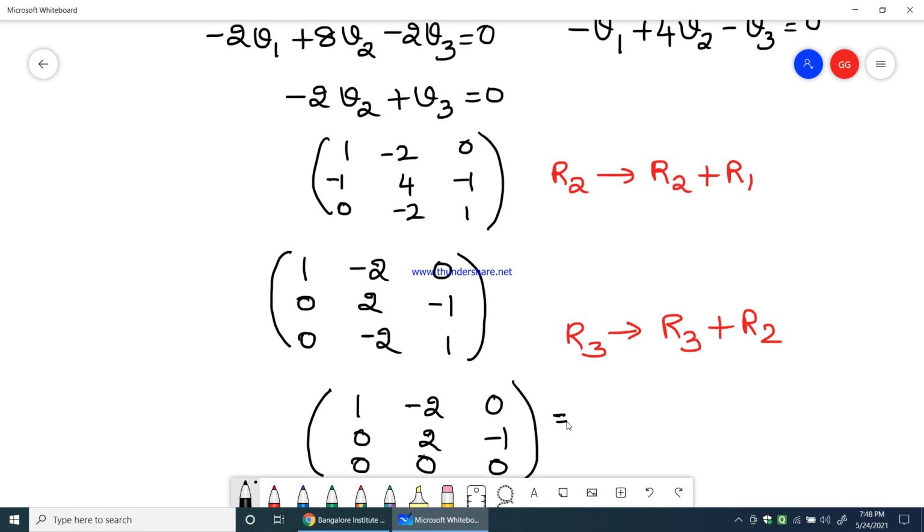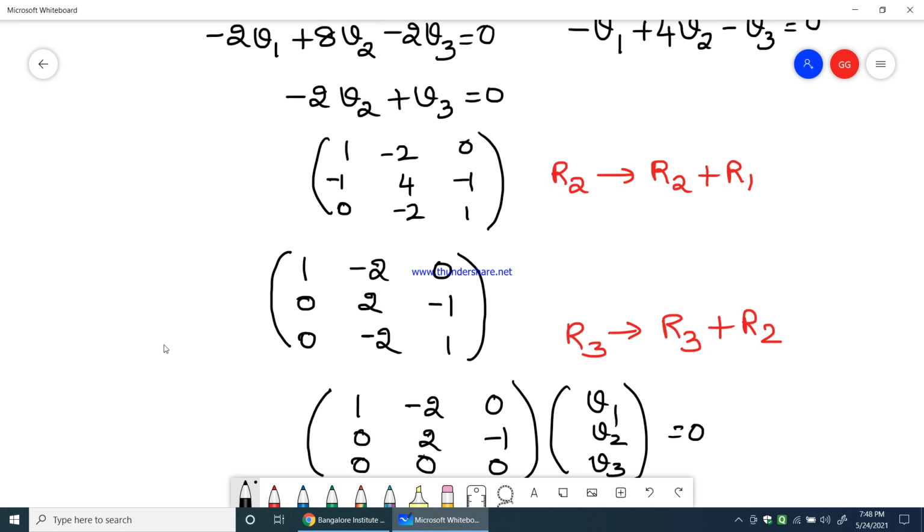So I got the last row to be all equal to 0. So I'll just write these two equations, this into V1, V2, V3. So we normally say this has infinitely many solutions. That is the condition we have got here.